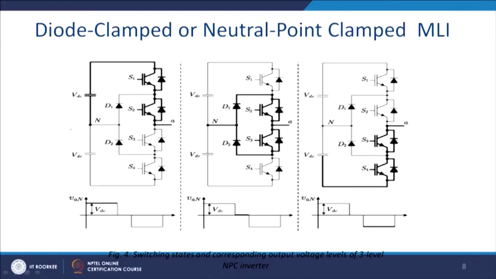So, let us see how it works, which I tried to explain here. When we want to get VDC, then the upper two switches S1 and S2 will be closed, or you can write S3 as S1 prime and S4 as S2 prime for this direct clamp MLA.